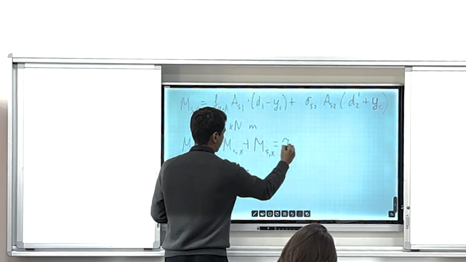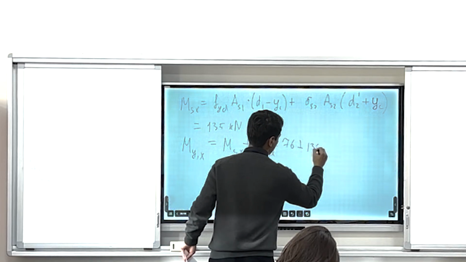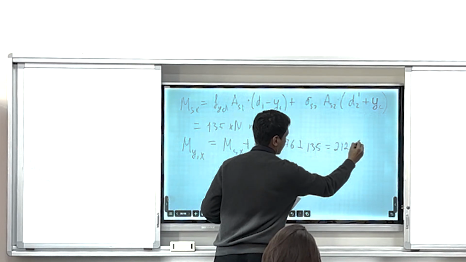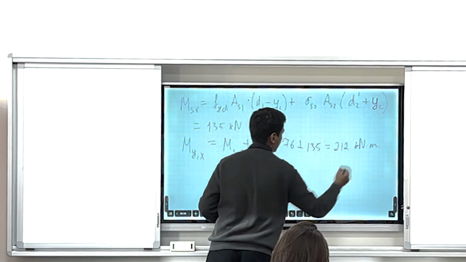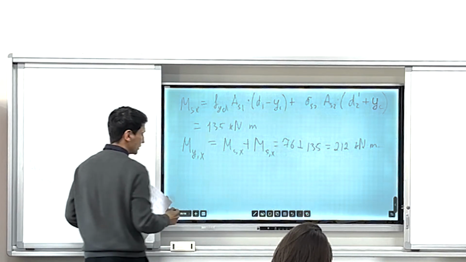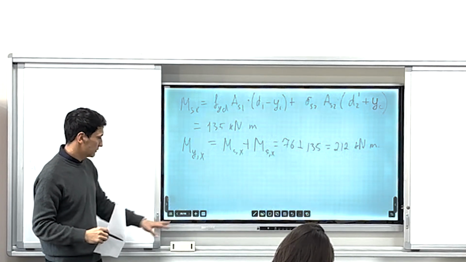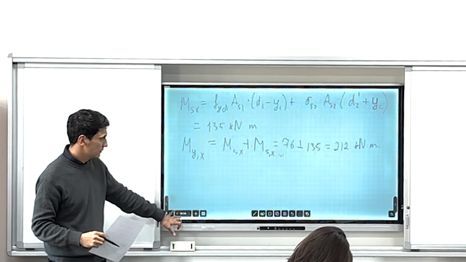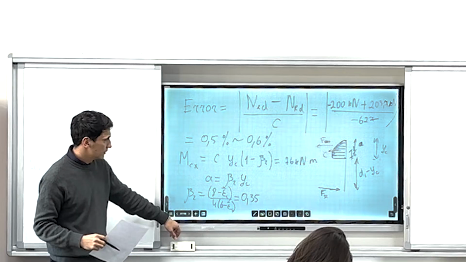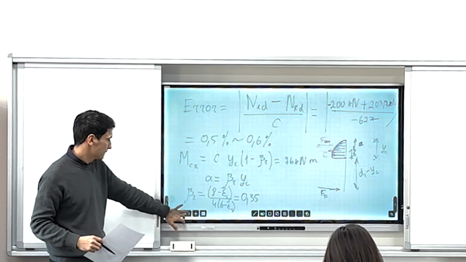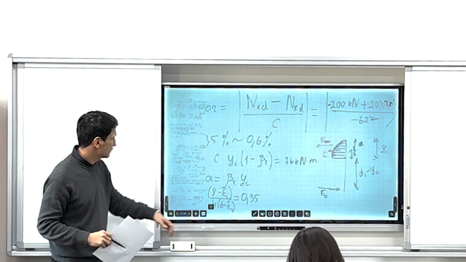And it's equal to 76 plus 135, 212 kilonewton meter. The concrete we calculated in the previous slide. This one is for concrete.